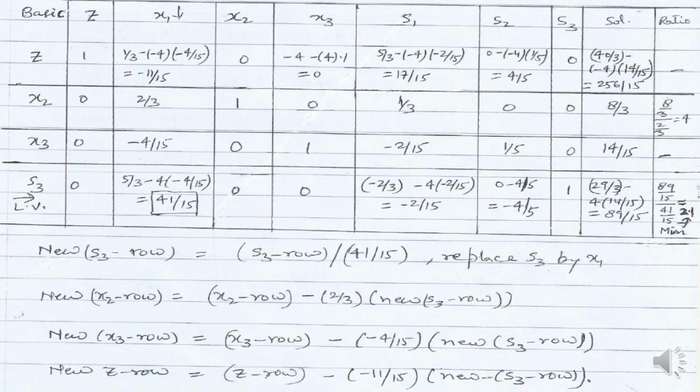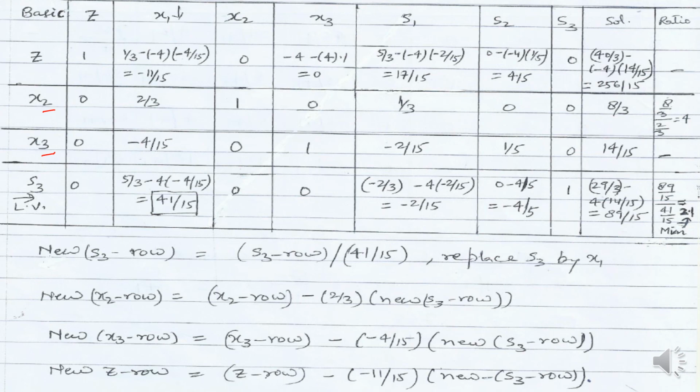These are the formulas which I have used to write the next table. Here again the calculation is in a similar manner as we did in the previous one, so I have written all the terms here. Let's see, x2 was earlier there, now x3 has entered into the picture and s3 is still there.